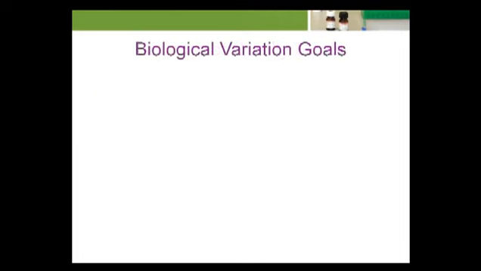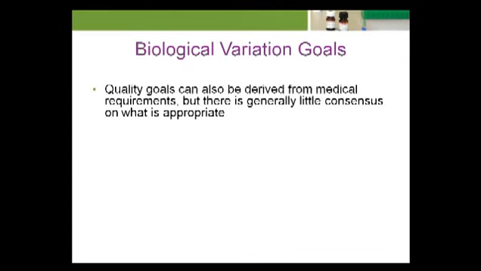One of the deficiencies of most quality specifications derived from regulatory bodies is that there's little science behind the specification. Why is the U.S. CLIA value 25%? Why not 24%?